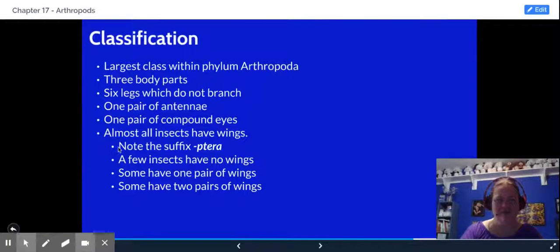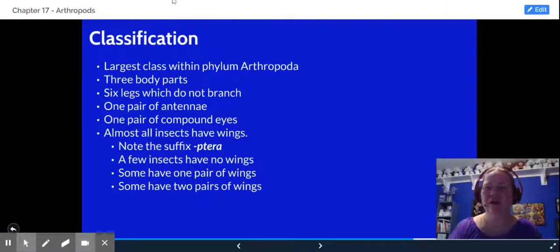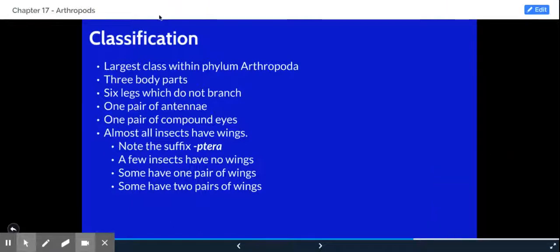And on to insects. All right, so insects are the largest class within Arthropoda. Let's see, there's a number here on the total number of insect species in the world.